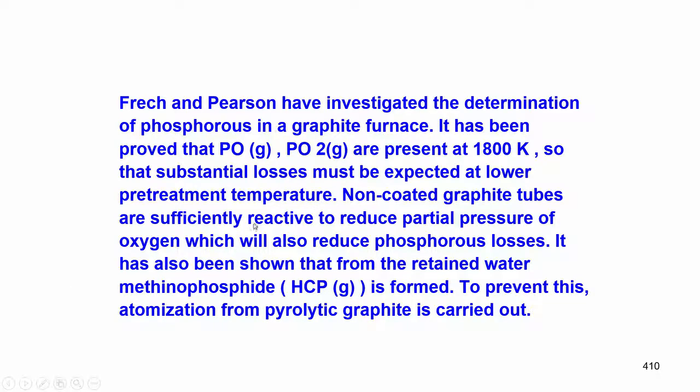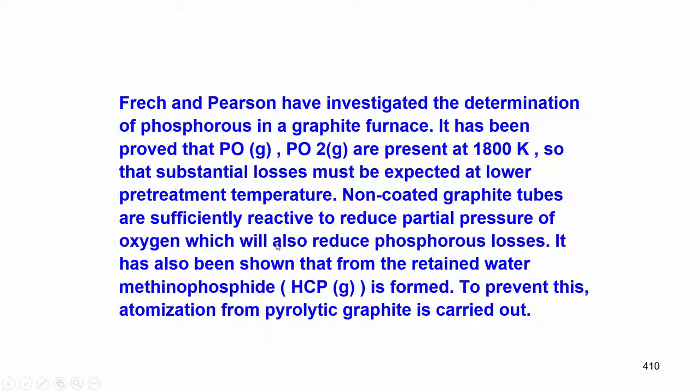Fresh and Pearson have also investigated the determination of phosphorus in a graphite furnace. It has been proved that phosphorus oxide, phosphorus dioxide etc. are present around 1800 Kelvin, so substantial losses must be expected at lower pre-treatment temperatures compared to metals. Non-coated graphite tubes are sufficiently reactive to reduce the partial pressure. That means you need not go for a pyrolytic carbon platform.